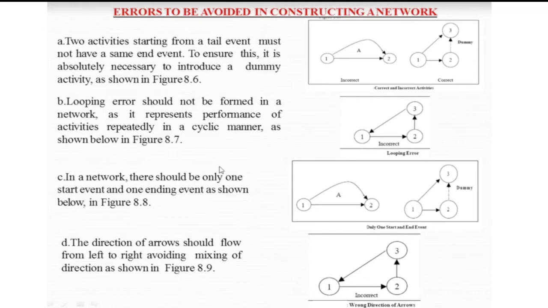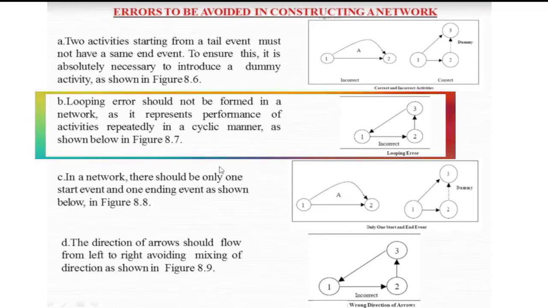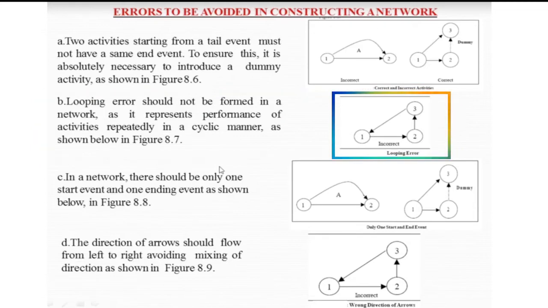And also a looping error should not be formed in a network. When you say loop, it means where you started, it ends there. So that is incorrect. That is a looping error.